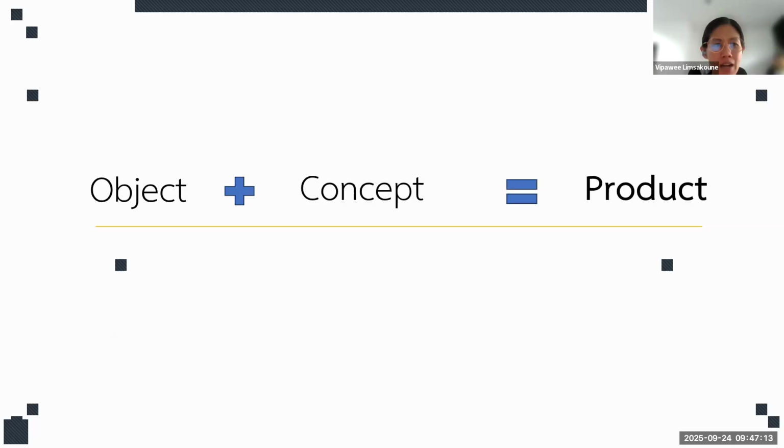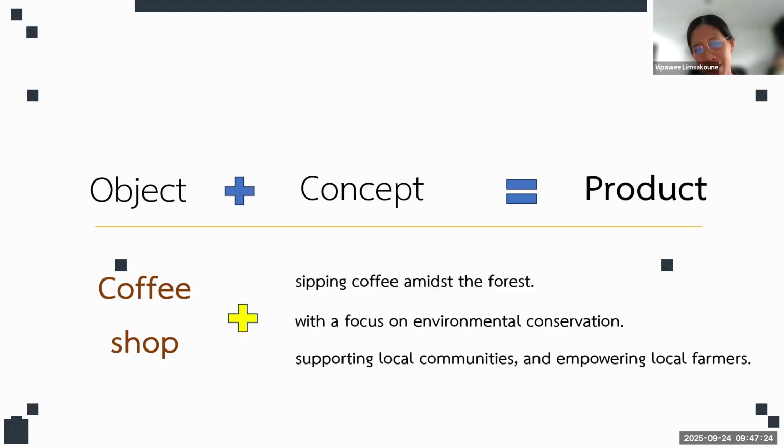Example of a product that people develop based on an objective and concept. The objective is a coffee shop. The concept is sipping coffee in the forest, with a focus on environmental conservation, supporting the local community and empowering local farmers and their products.